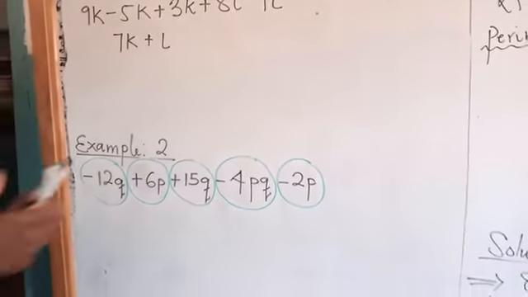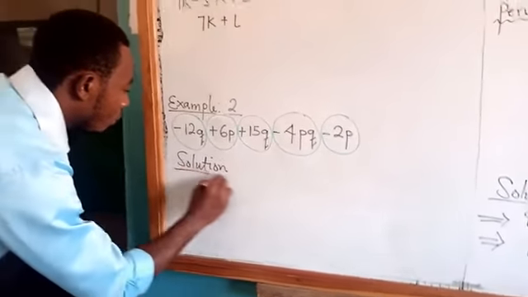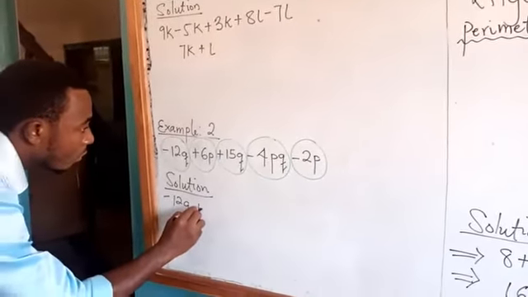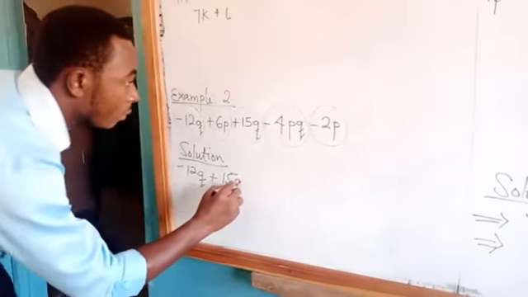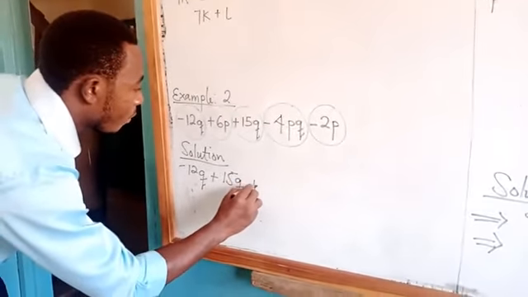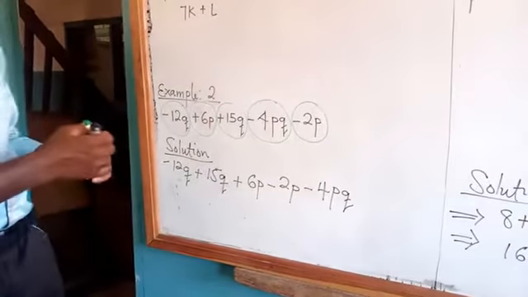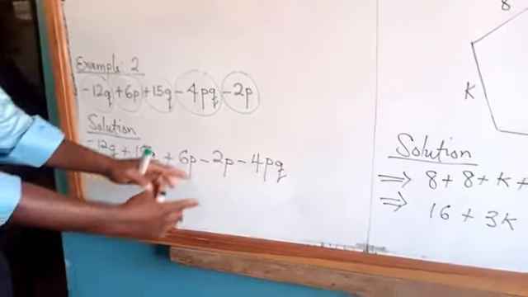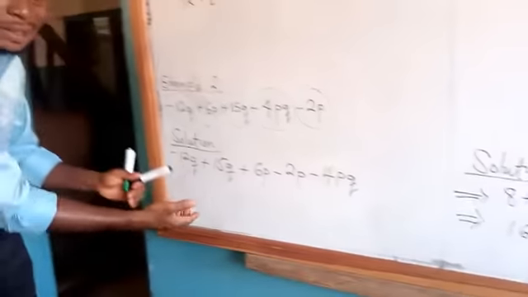Alright, so these are like terms: all variables with Q on one side, those with P on one side, and then those with PQ on another side. Alright, so we simplify.